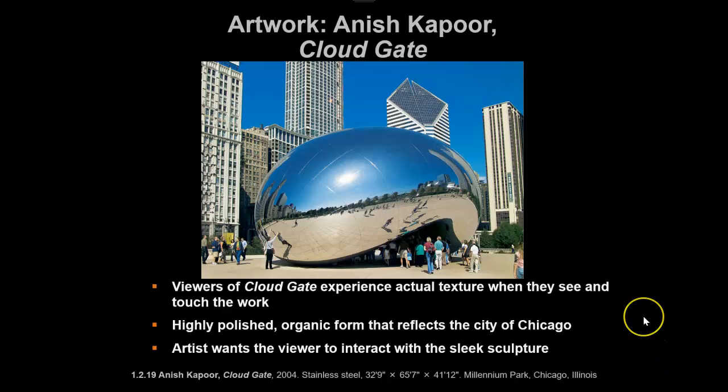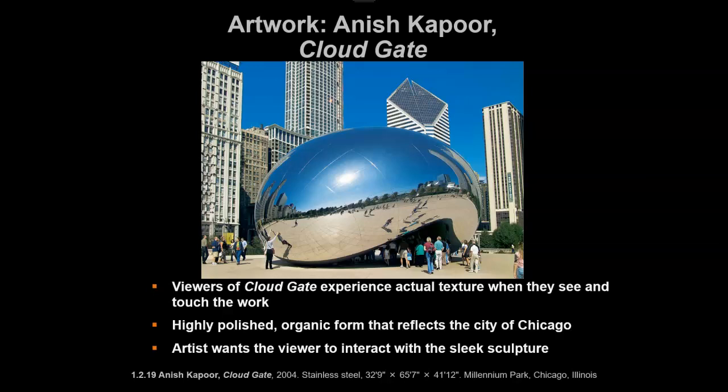This is Cloudgate by Anish Kapoor. One of his sculptures is also here in Houston, downtown, at the Museum of Fine Arts and the Sculpture Garden. If you ever get a chance, you can go see one of his works here in Houston. If you look at this piece, the actual texture when you touch it is highly polished, so it's really smooth.